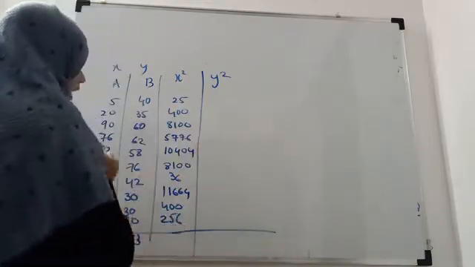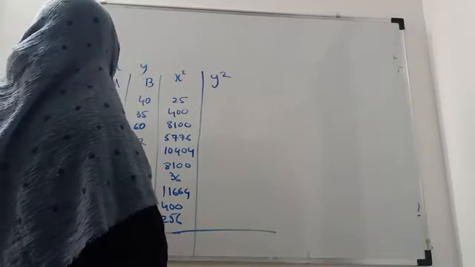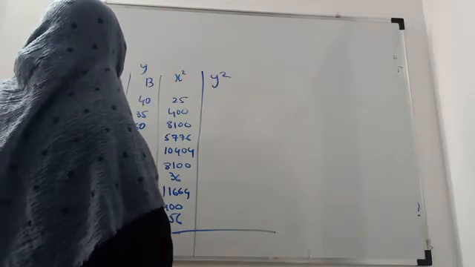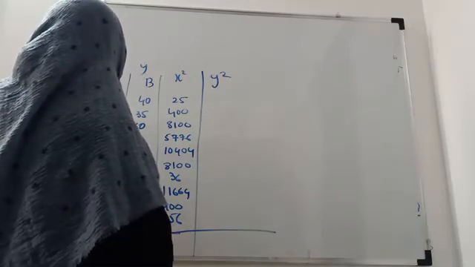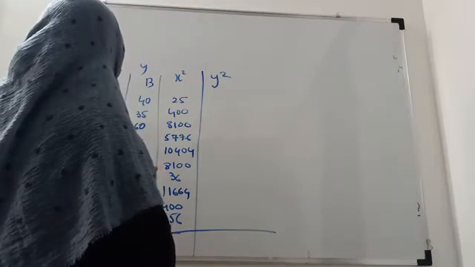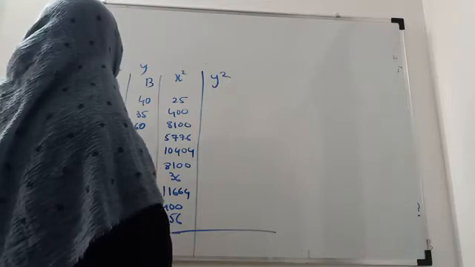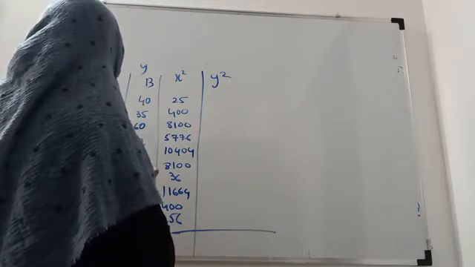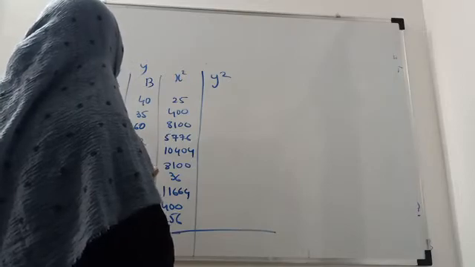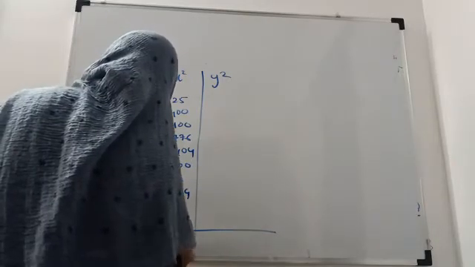So we will add all these values: 25 plus 400 plus 8100 plus 5776 plus 10404 plus 8100 plus 36 plus 11664 plus 400 plus 256. It is 45161.